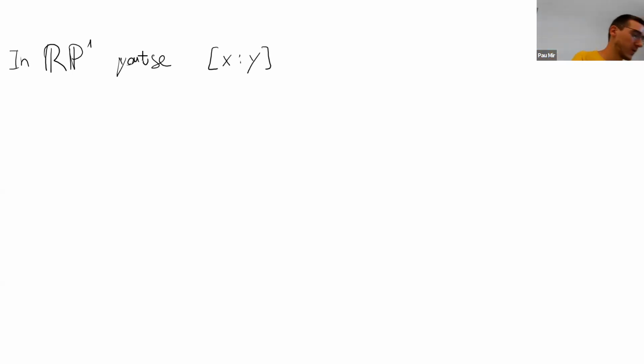And how do they work? You use these coordinates, but you are not free. You identify with x and y any coordinates which are multiples of x and y. So there's an equivalence relation in which you identify these as the same element in RP1.